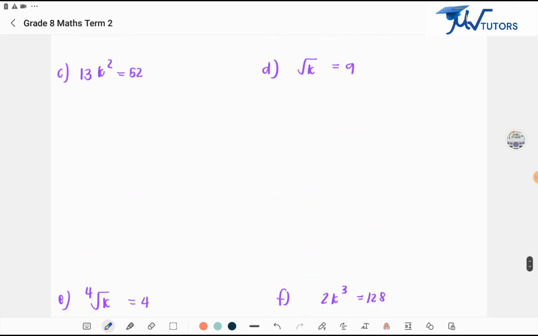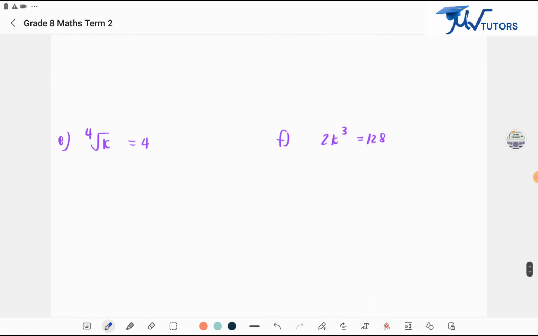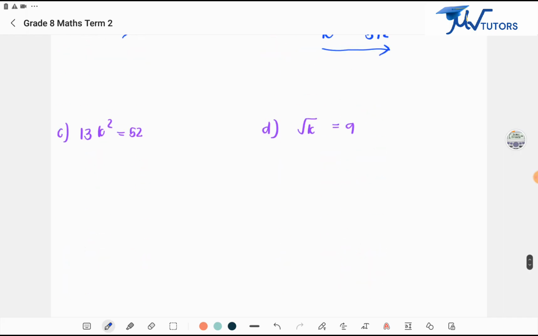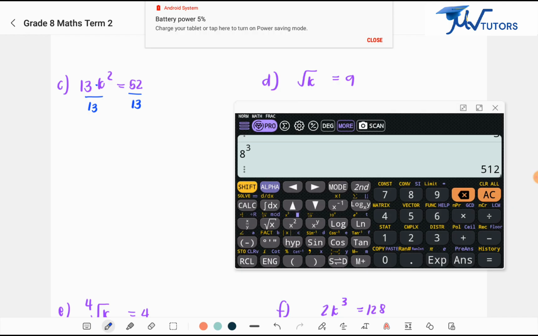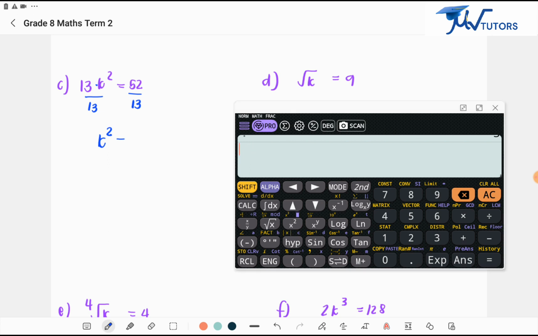And see, we still have quite a few. Goodness, this lesson has turned out to be longer than expected. So we're going to divide by 13 on both sides because we have multiplied by 13 there. The tablet is going to die now, so let me do it quickly. What is 52 divided by 13?